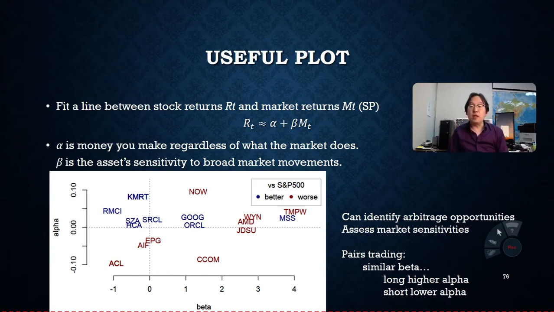So you can even design a kind of pairs trading. Let's say you narrow down to a similar beta group, say Google and Oracle. Now I haven't tried to find out, but the idea is: for a given level of beta, why do they have higher alpha versus lower alpha?